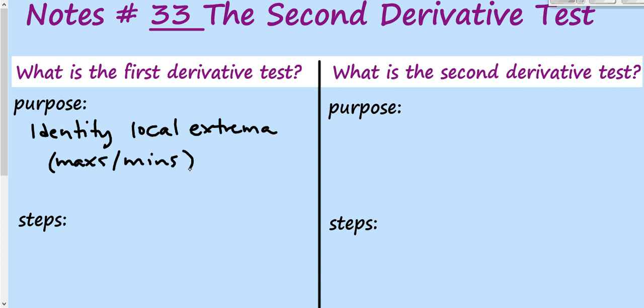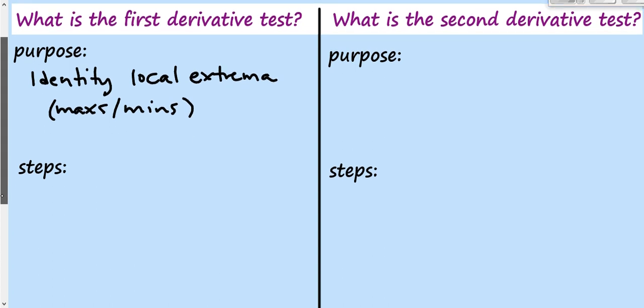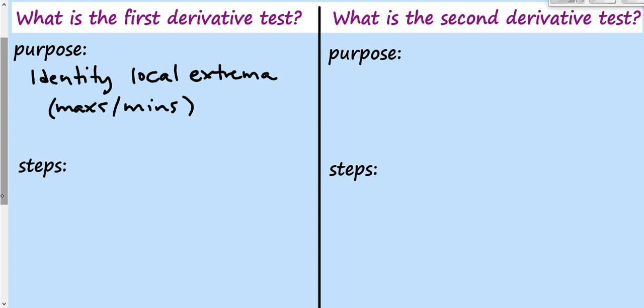Now, how do we do it? What's the process? So the steps for the first derivative test are that you find the critical points. Remember, those are points that make the derivative equal 0 or not exist. And then you establish intervals around those critical points.